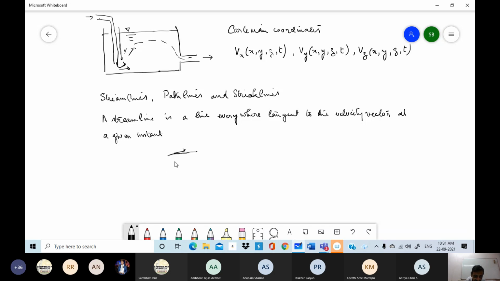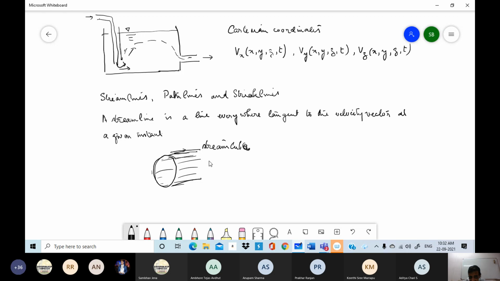So then, if I take a certain ring and draw the streamlines through every point on that ring, then I get a stream tube. So this could be a stream tube. Every line on the stream tube, so this stream tube consists of an infinite set of streamlines.